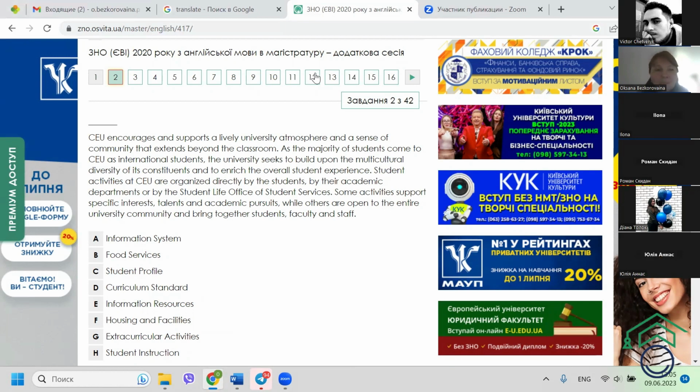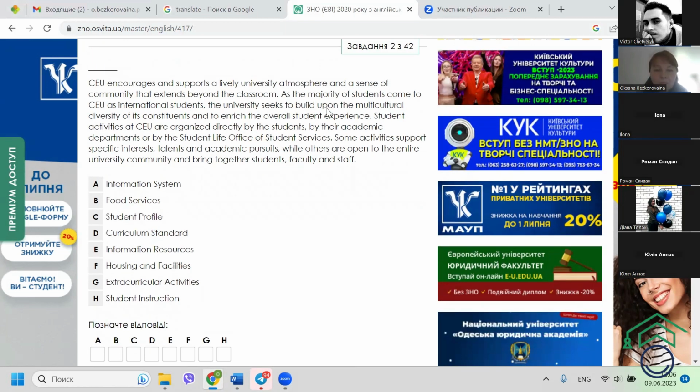CEU encourages and supports a lively university atmosphere and a sense of community that extends beyond the classroom. As the majority of students come to CEU as international students, the university seeks to build upon the multicultural diversity of its constituents and to enrich the overall students' experience.